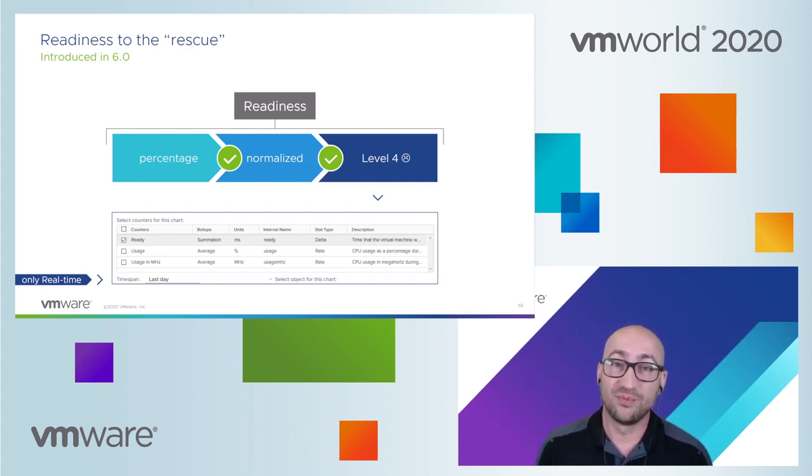We thought about replacing ready, but then that's potentially a backward compatibility problem. And if we just add it, then we increase the load and the cost on the database. So we didn't put it in.